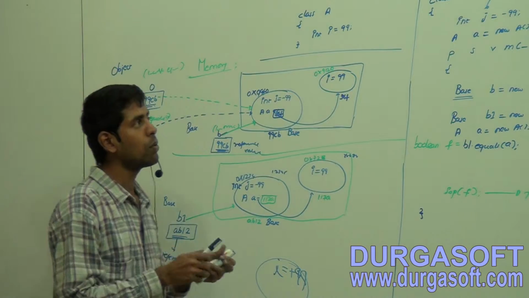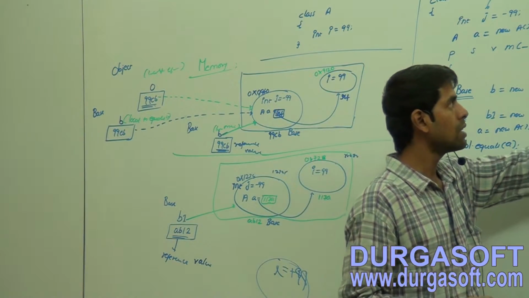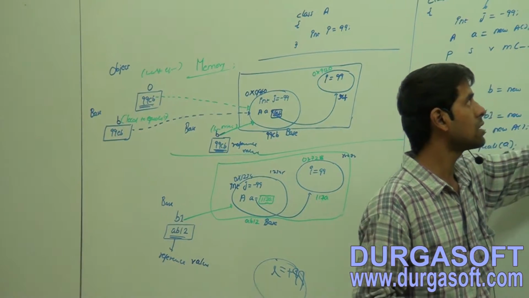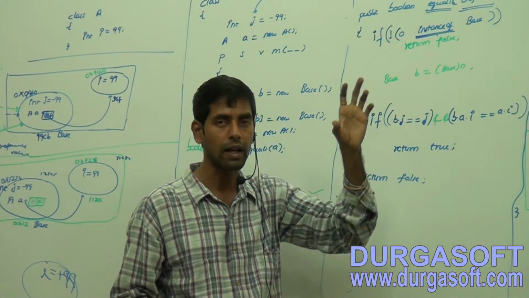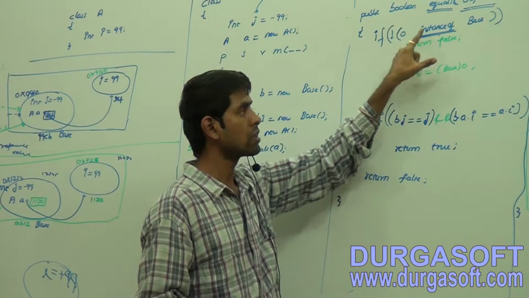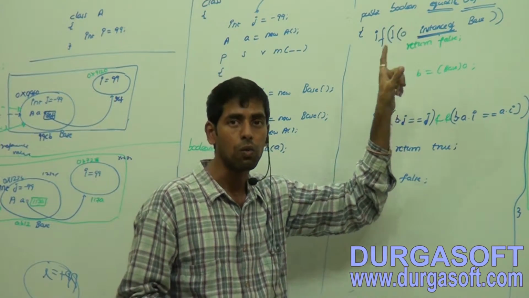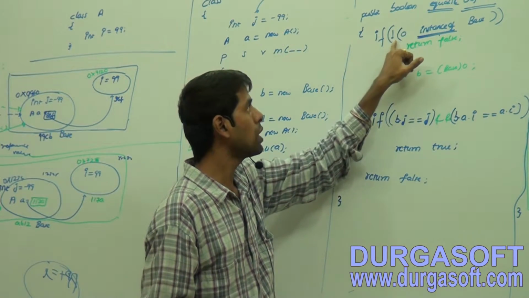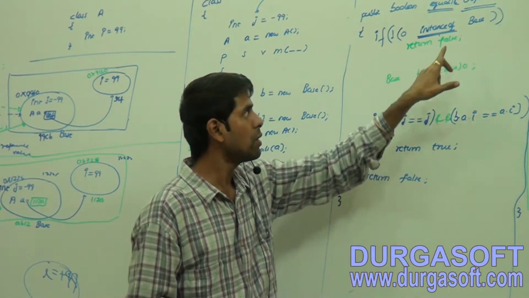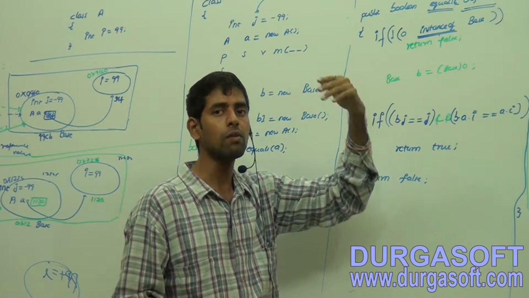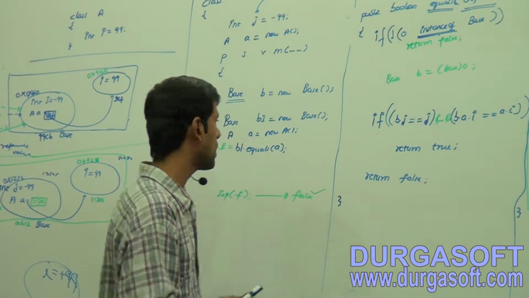So definitely this o instanceof Base, inside the parentheses, has highest priority and will execute first, so it will return false. We apply the boolean complement operator, false becomes true, then return false. Directly return false.